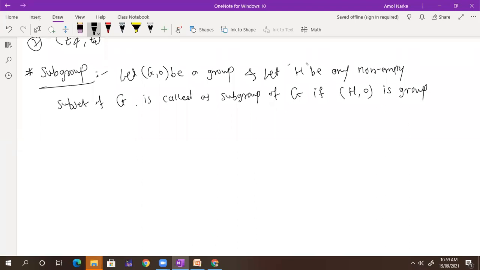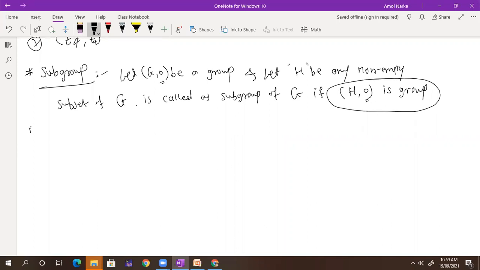Got it, everyone? For H to be a subgroup, the first condition is that it should be a subset of G. Whatever elements we have in H should also be in G. Also, with the same binary operation, H together with that binary operation should form a group.